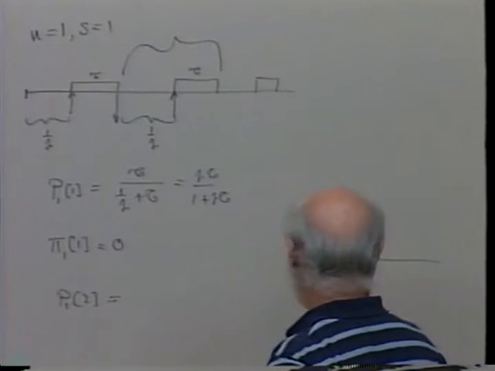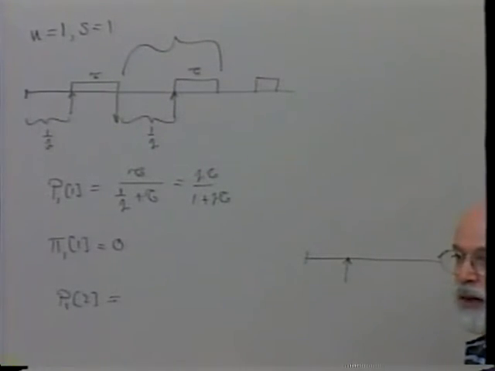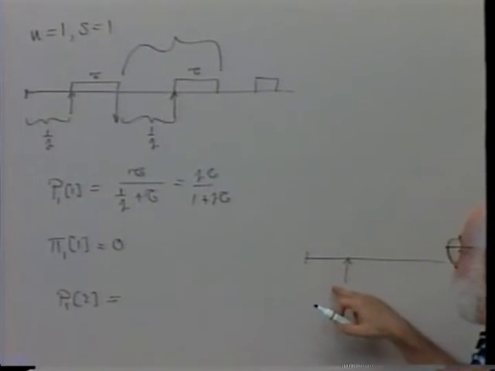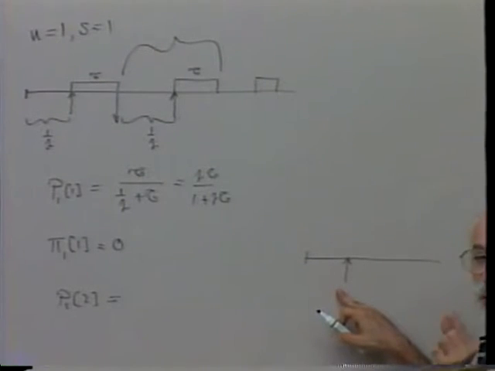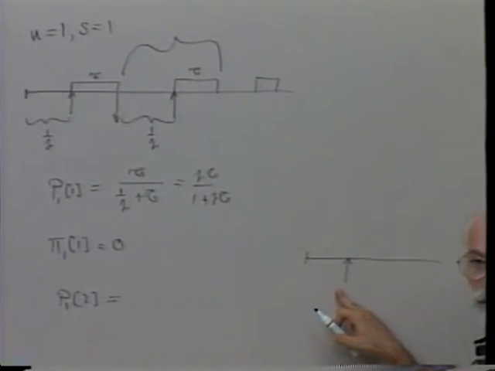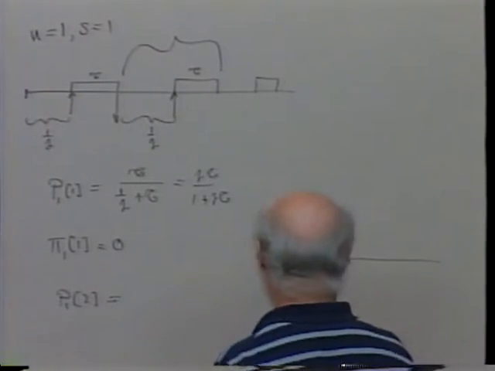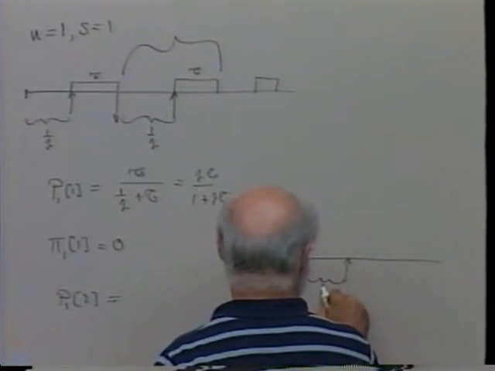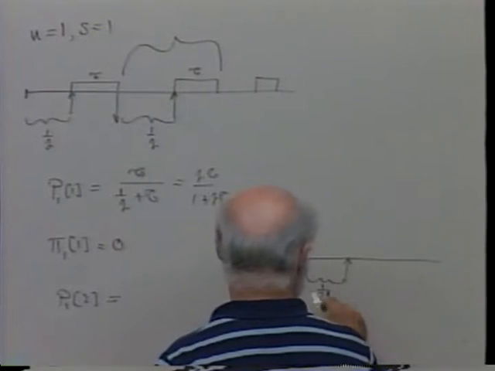On average, how long does that take? Well, if gamma is the request rate per idle source, then when the server is not busy, there are 2 idle sources. So 2 gamma is the aggregate request rate. So 1 over 2 gamma is the average time.